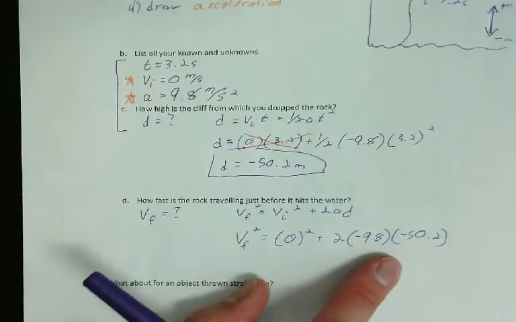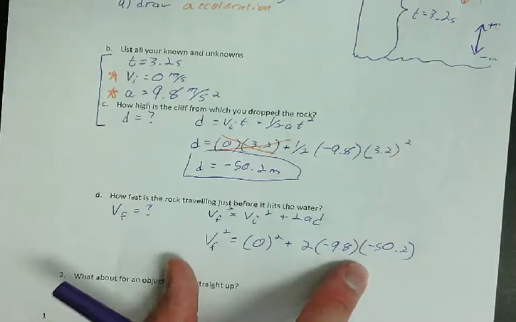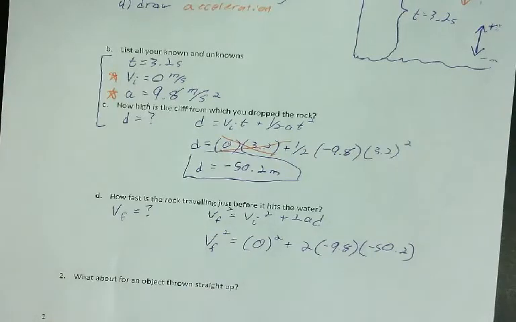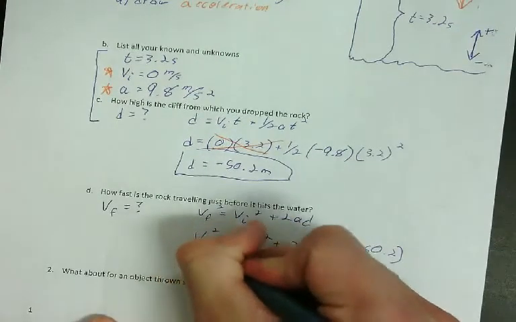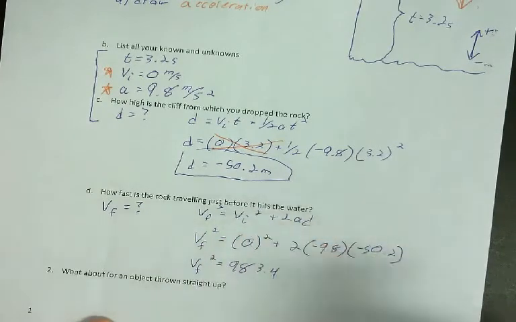You can see, if I forget to make one of these negative, wow, way off. If I forget to make one of these negative, I'm going to be in trouble. I'm going to get the wrong answer. I have to make them both negative because both of them are down. So negative 50.2 times 9.8 times 2 gives me V final squared to be 983.4.